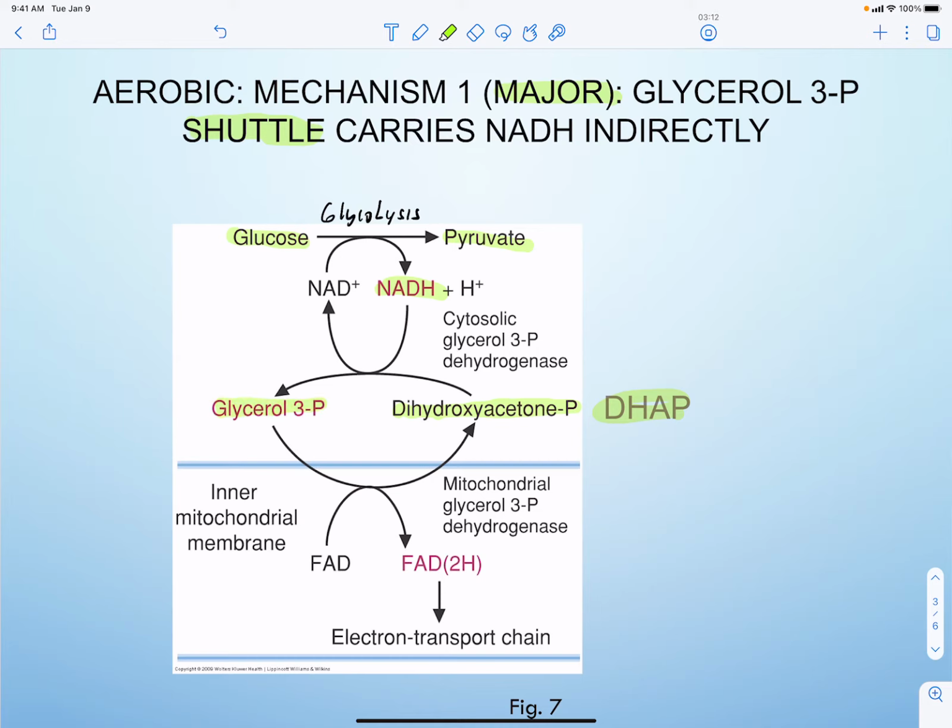And then that glycerol 3-phosphate can go through the inner mitochondria membrane, and it's going to transfer the electrons to FAD that is part of the electron transport chain. This FAD, the flavin molecule, is going to pass on those hydrogens or electrons into the electron transport chain, and then you're going to make more ATP.